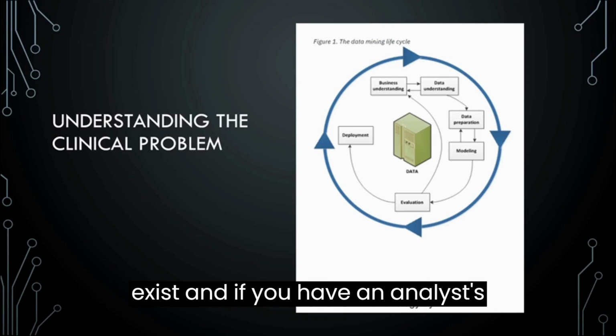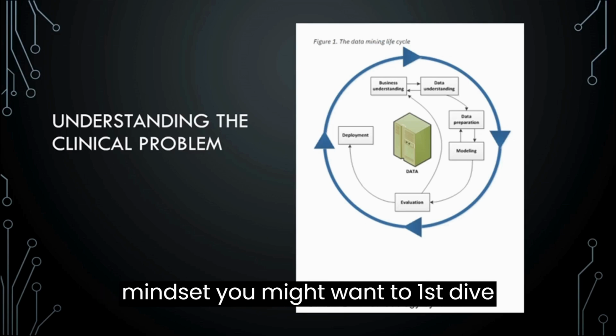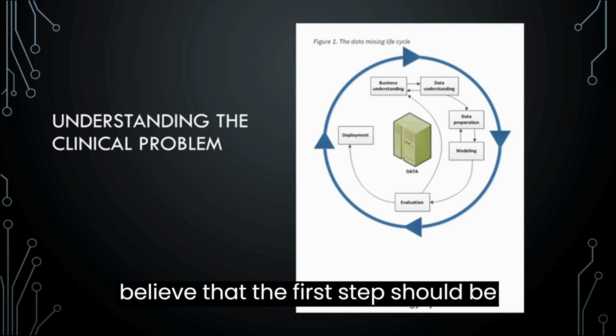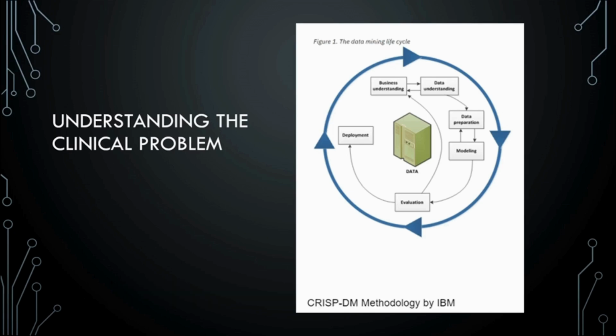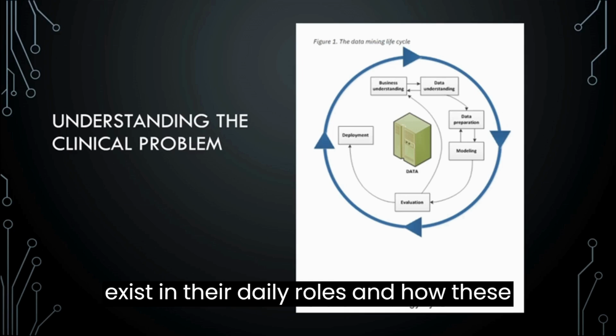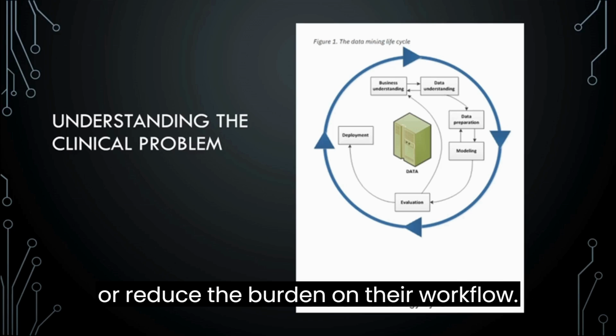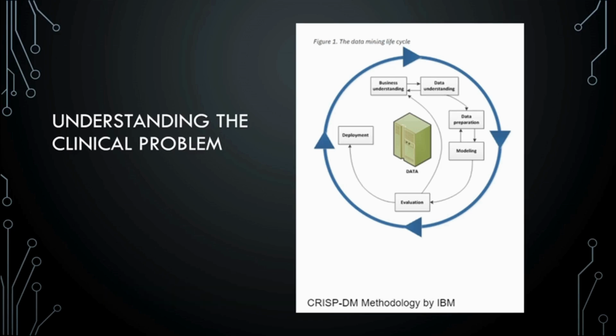There are many tools that exist, and if you have an analyst mindset, you might want to first dive directly into analyzing the data. But I believe that the first step should be having conversations with frontline staff, see what issues exist in their daily roles and how these business intelligence tools can help aid or reduce the burden on their workflow.